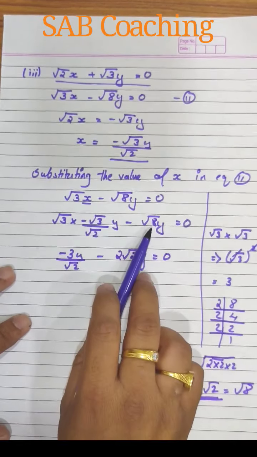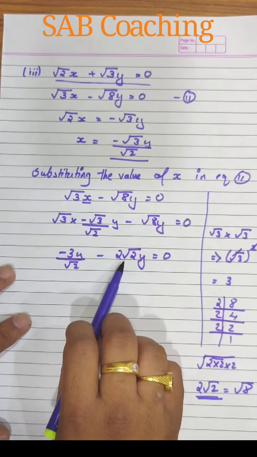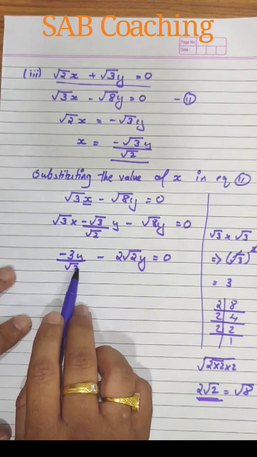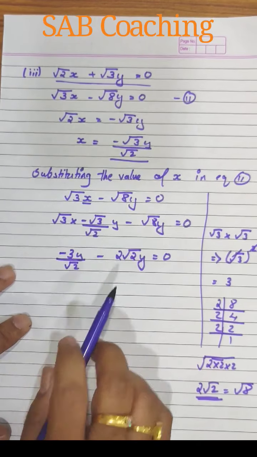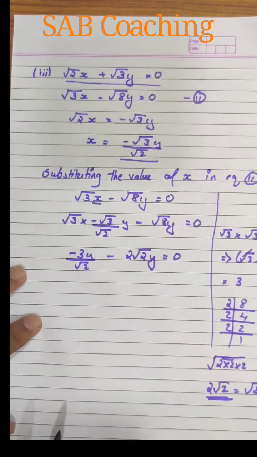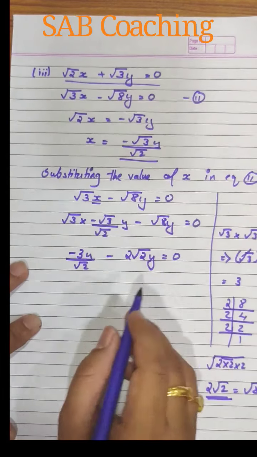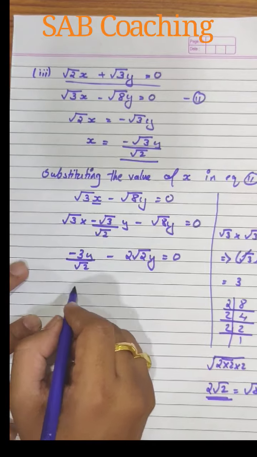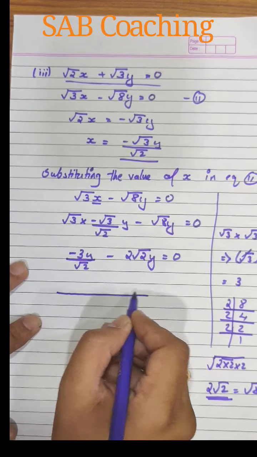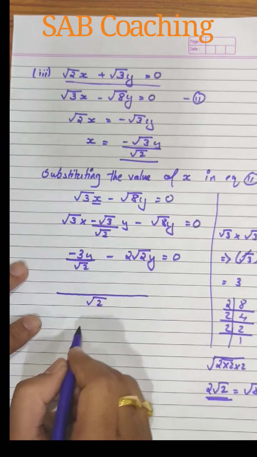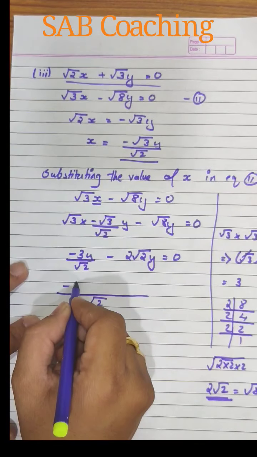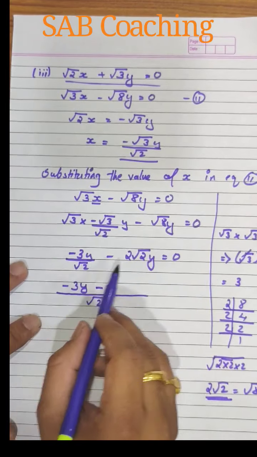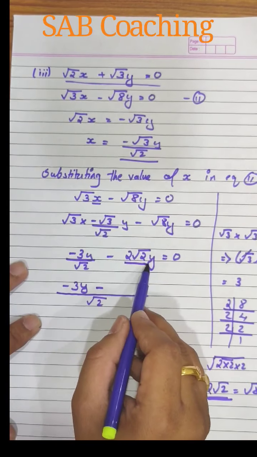Why have I converted this root 8 into this form? Because in the denominator you can see that we are having root 2. So when you are calculating, you should not make any mistake. So now what you need to do is simply take the LCM. So the LCM you are going to get is root 2 here, minus 3y minus root 2 going to get multiplied with this number.